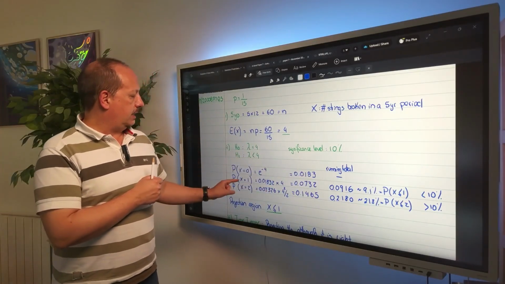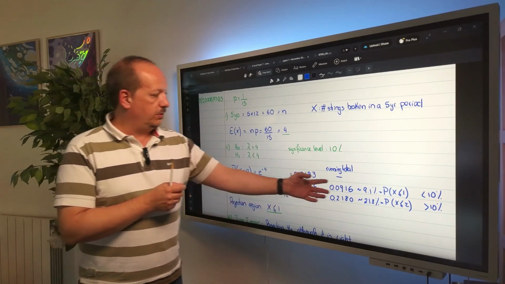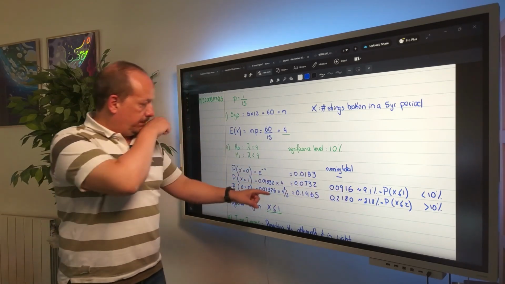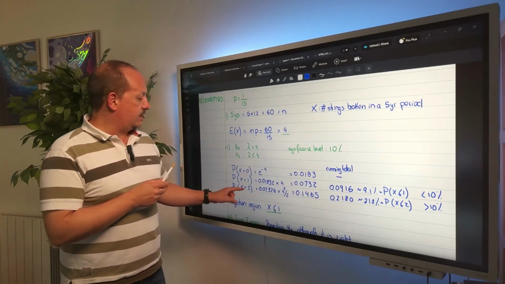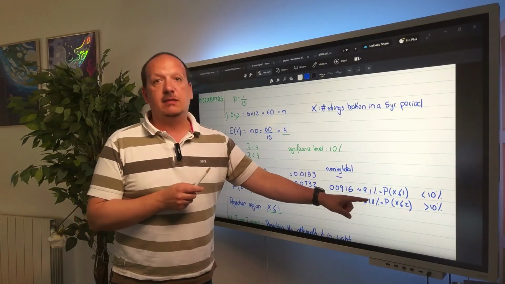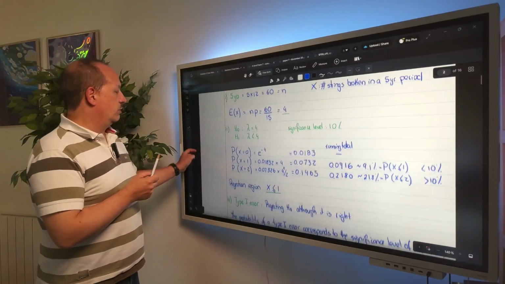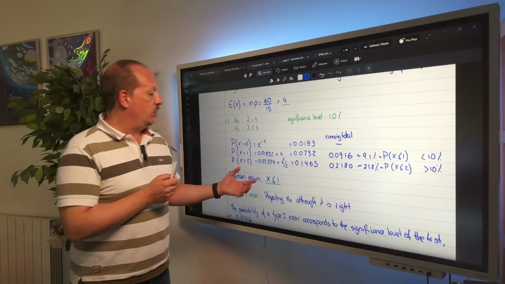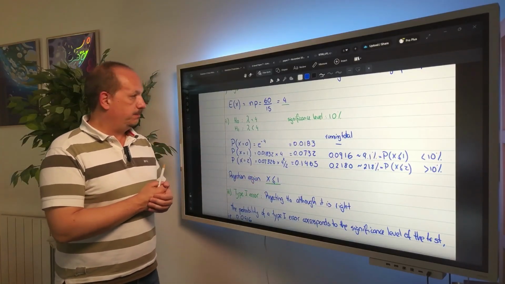The probability that X equals 1 is this, add to that 1, etc. Well, you already know how to do this. Right now, this is at 9.1%. For X smaller or equal to 2, you have 21.8%, already above the 10% threshold. So the rejection region corresponds to the value X smaller or equal to 1.